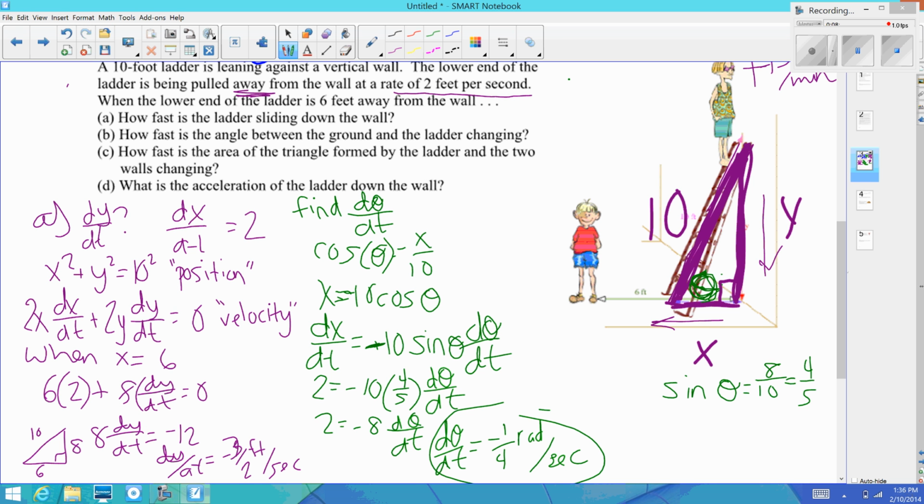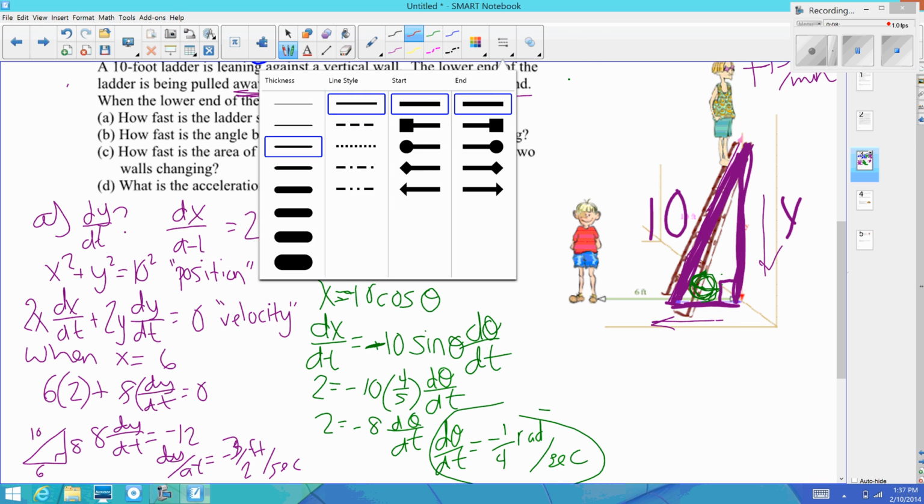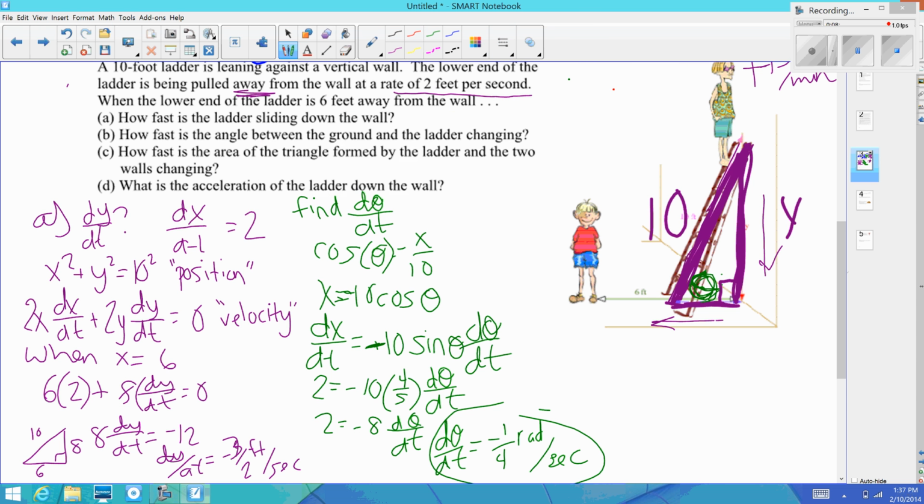And then the last part, let me clear some of this up. The last part would be how fast is, oh, it's not the last part, is it? Part C, okay. How fast is the area changing? So area is 1/2 base times height.